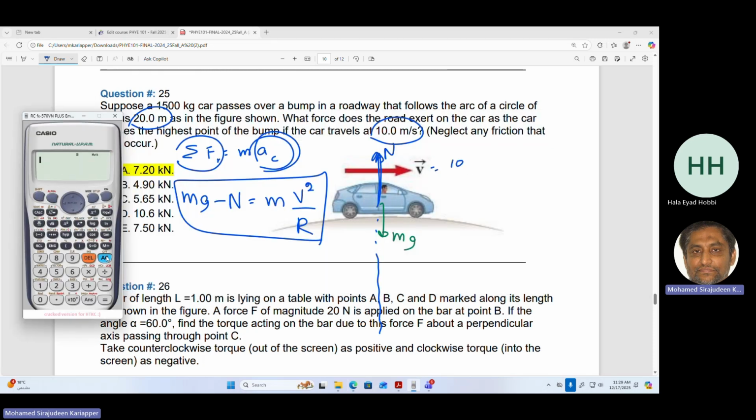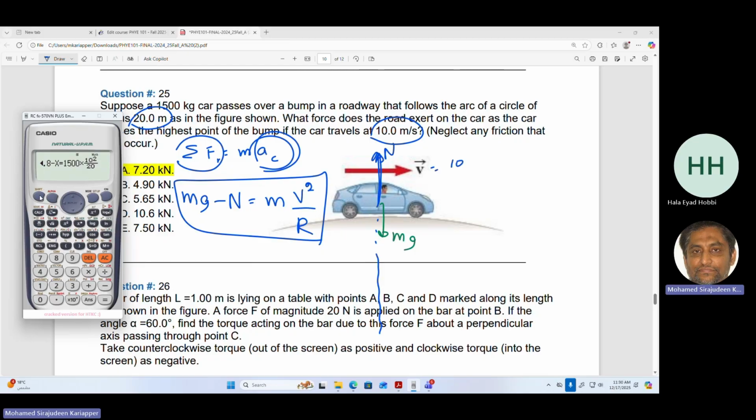M is 1,500 multiplied by 9.8 minus N, the unknown, equals m again, 1,500 multiplied by v squared over R. V is 10, squared, and R is, sorry, 20.